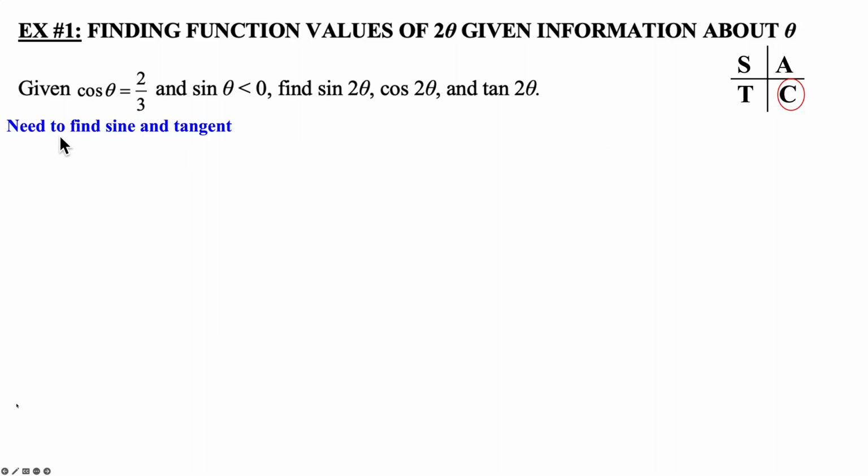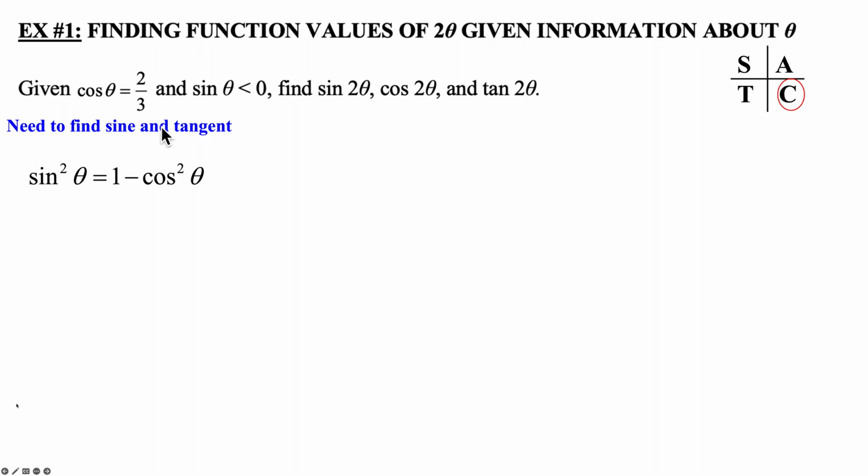So we need to find sine and tangent based off of our cosine of 2/3. Well, okay, that means sine will be negative and tangent will be negative when we find that. So using my Pythagorean identity, I subtracted over the cosine squared theta, seeing that I need to find sine right away.